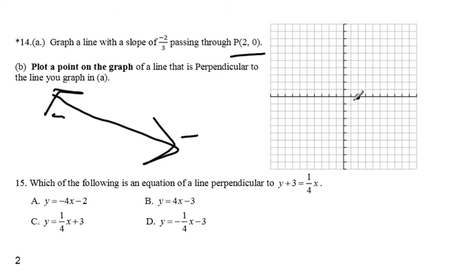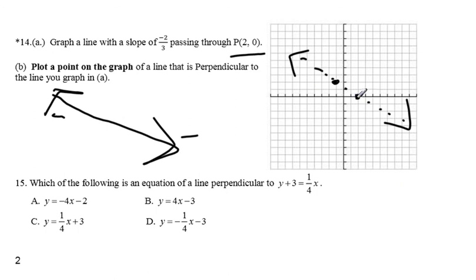From that point, it has a slope of negative 2/3. So that means I'm going 2 for the y value, 3 for the x value. But remember, if it's going in the negative direction, I have to go this way 3 to get it to go down.